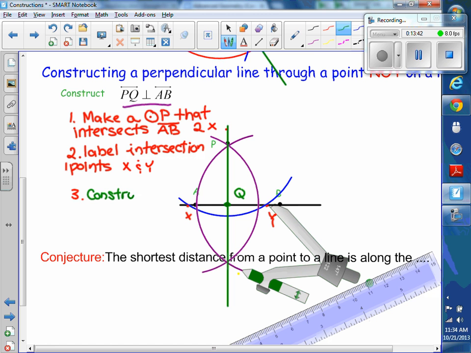Of XY. So this is the symbol, perpendicular bisector of segment XY. And then step 4, you draw in P, Q. You have to label Q.